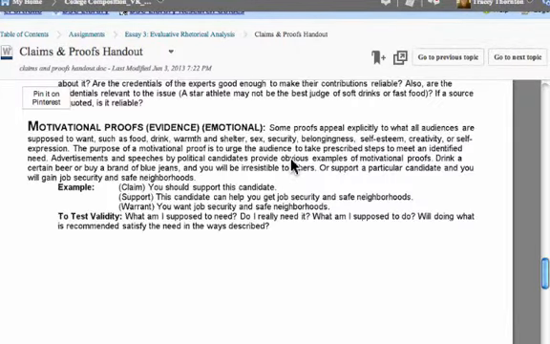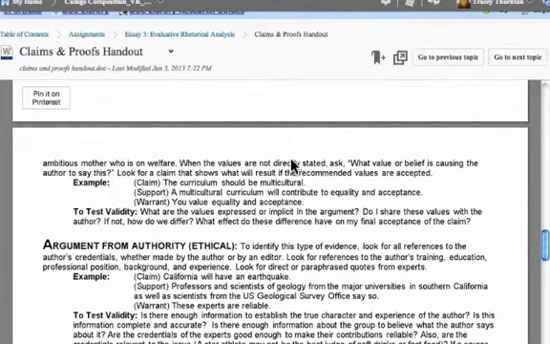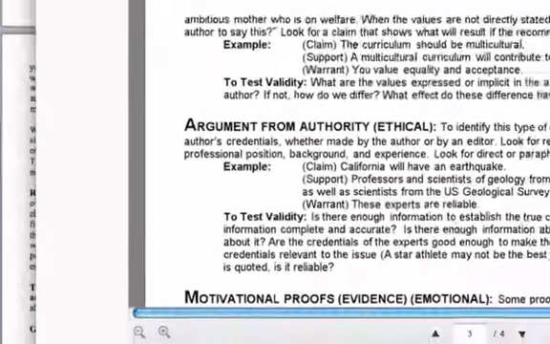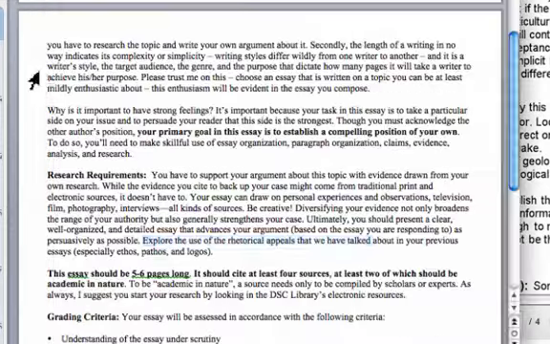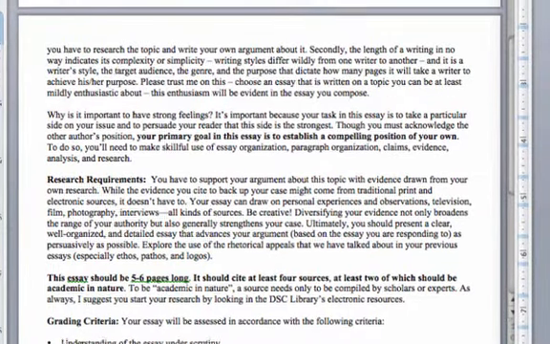They often will motivate the reader to do something. So you may find this handout very, very helpful while you're writing your essay. So take a look at it. I would even advise you to print it out. I think it can help you on both of the key components of the paper.